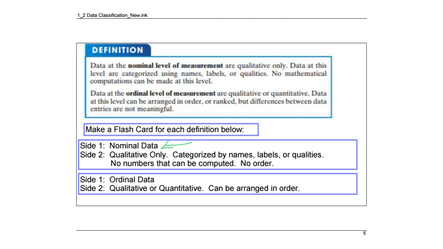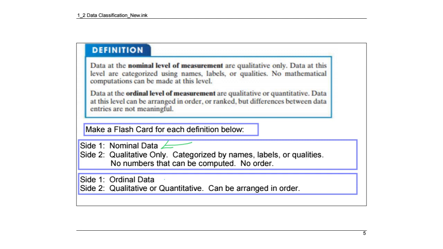It's not numbers that we're going to compute. So we could use the numbers from a house because we're not going to compute those numbers. What bugs me a little is it says no order. So houses kind of are. But again, I'm being argumentative. So let's not go there. So we've got nominal data is only going to be qualitative. So that would be like our sports, right, that we listed on that last data table.